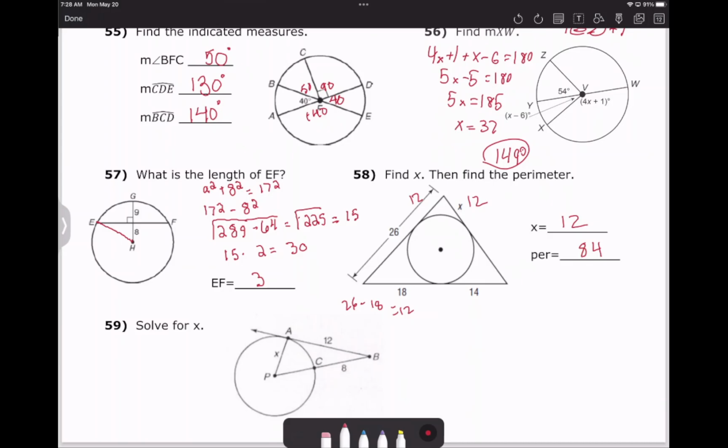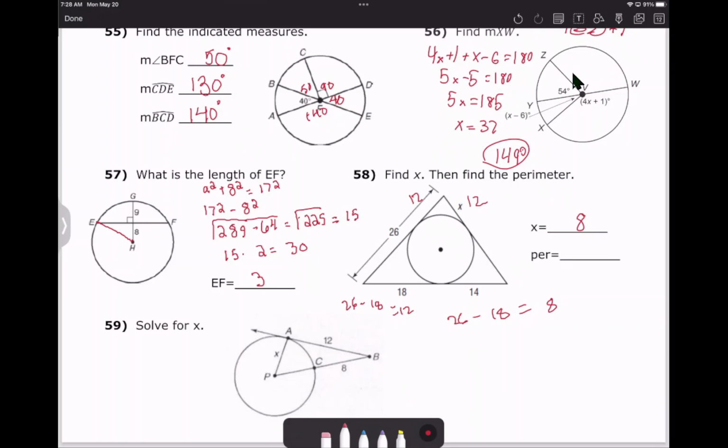But 26 minus 18 is 8. So x is 8, which means that the perimeter should be 8 plus 8 plus 14 plus 14 plus 18 plus 18.